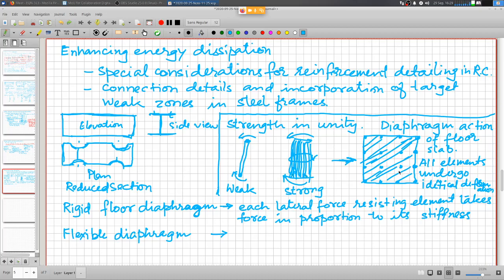So, if all elements undergo the same deformation, then that is a rigid floor diaphragm, and each lateral force resisting element takes force in proportion to its individual stiffness.